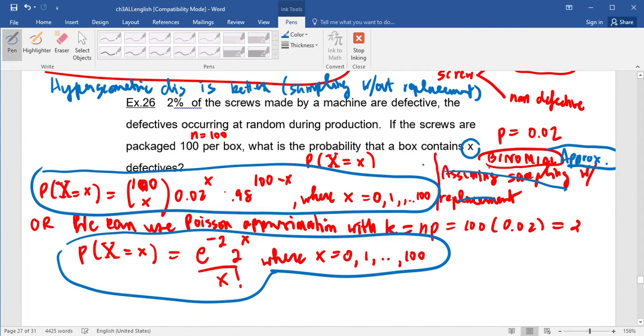But if they say what is the probability that a box contains 7 defectives, then this is going to be 7, and this is going to be 7, so you get some values. But here they don't give you the actual values, so you must leave x like that.